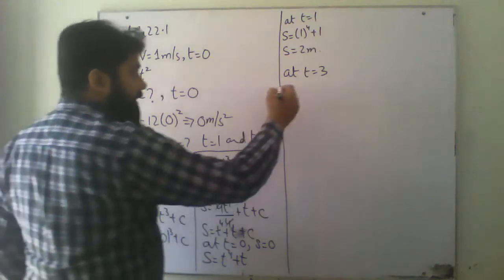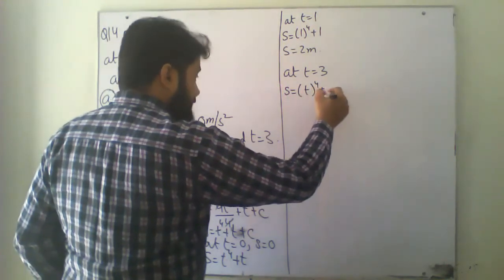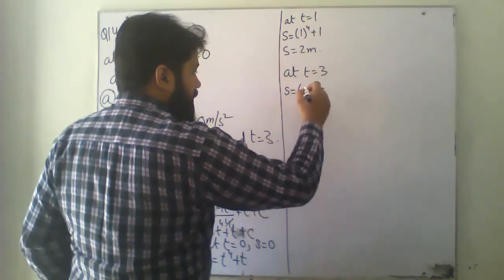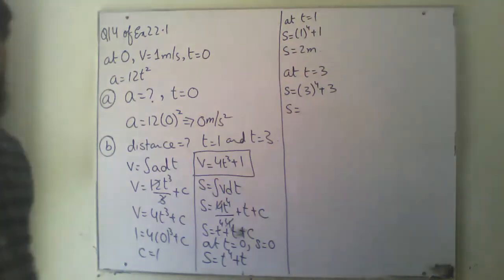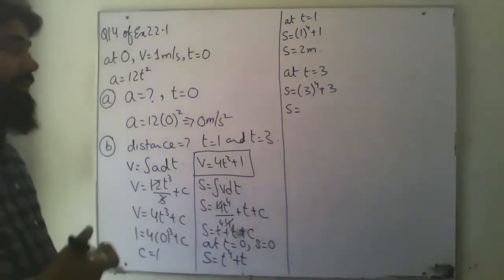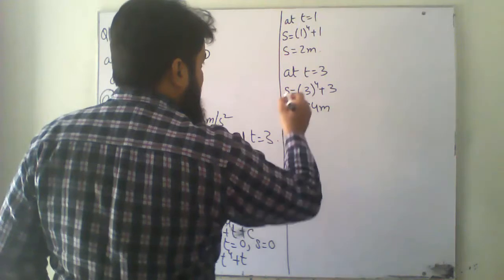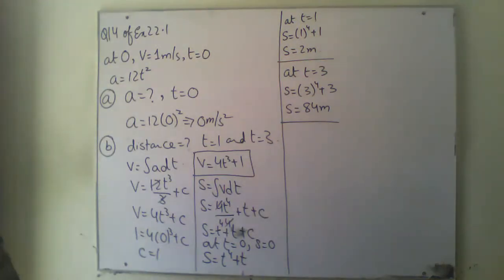I will plug it in here. s equals t power 4 plus t, in place of t I'm writing 3. s equals 3 power 4, which is 81, plus 3 will be 84 meter. And that's your answer for this part.